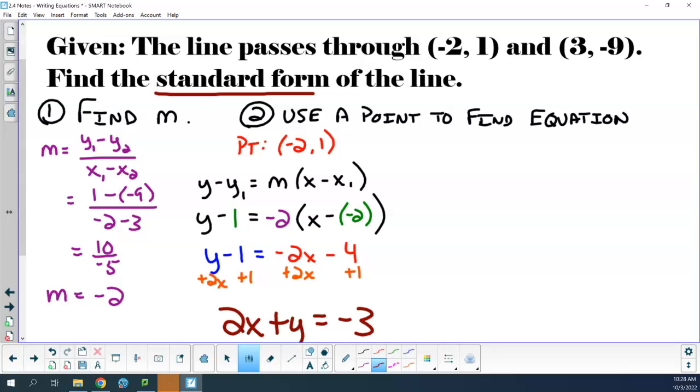Now, if I chose the other point, I had better get the same answer, because it's the same line, only one line.